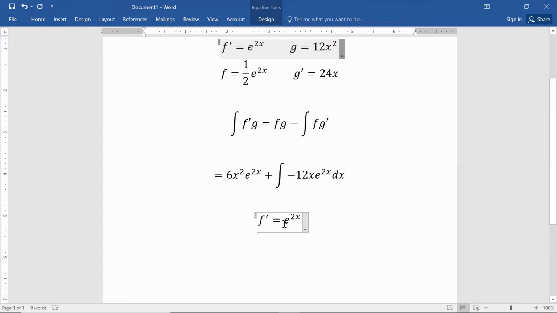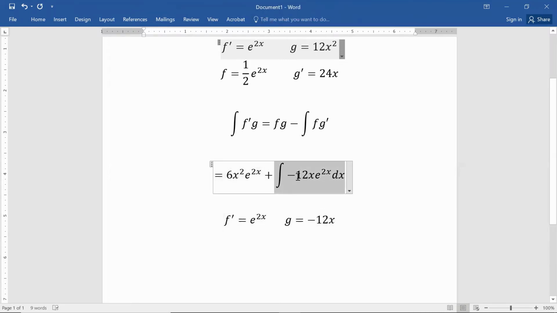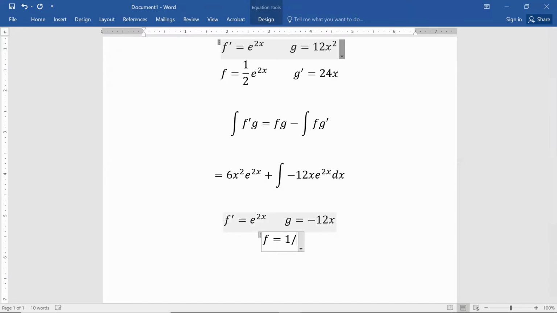F prime we set as e to the 2x. G would be equal to negative 12x. Again, what I'm doing is just the integration by parts on this second polynomial, a linear piece times e to a power. My function f would have had to have been 1/2 e to the 2x, that's familiar.